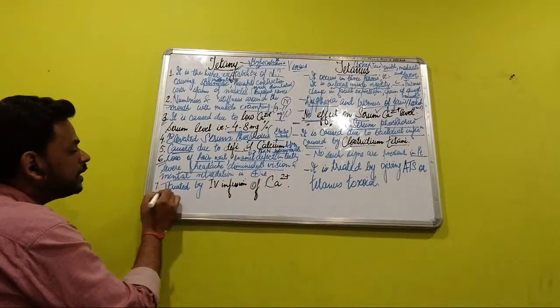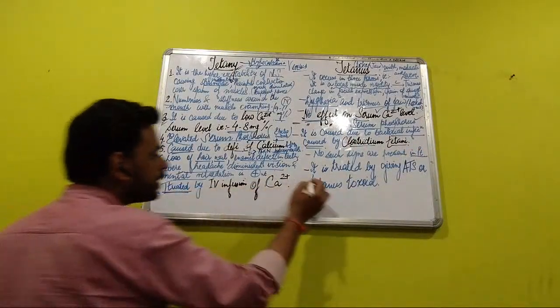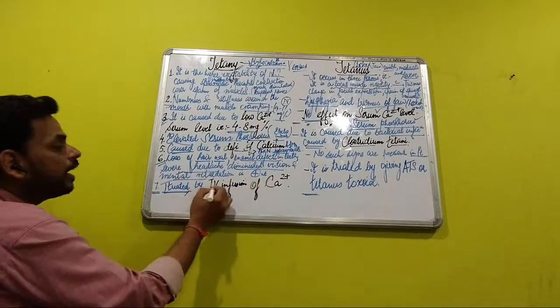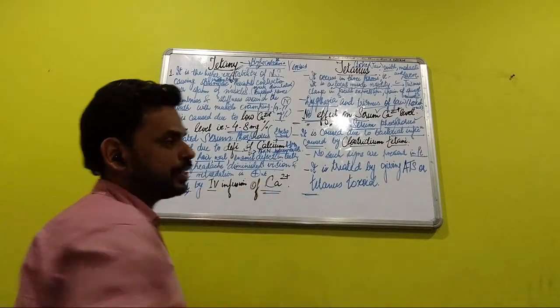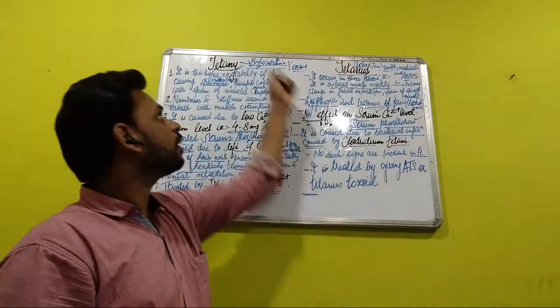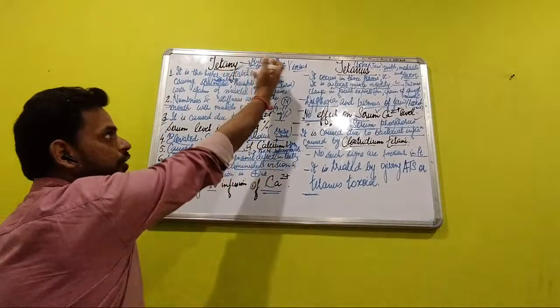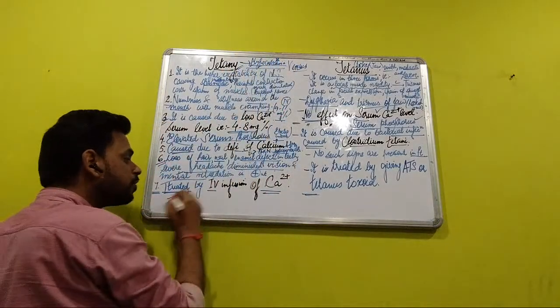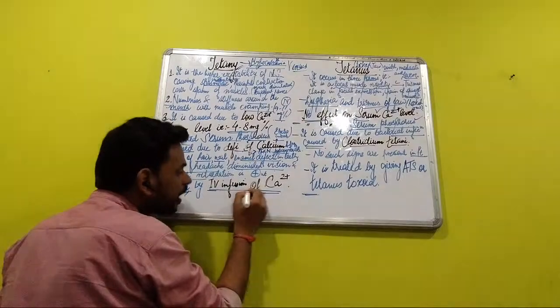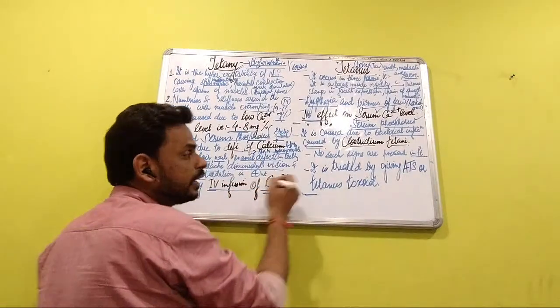Last but not the least, how is the condition treated? Treatment is by intravenous infusion of calcium. So students and viewers, do remember, when we look at the treatment of tetany, since it is a condition of hypocalcemia, the treatment is done by intravenous infusion of calcium ions.